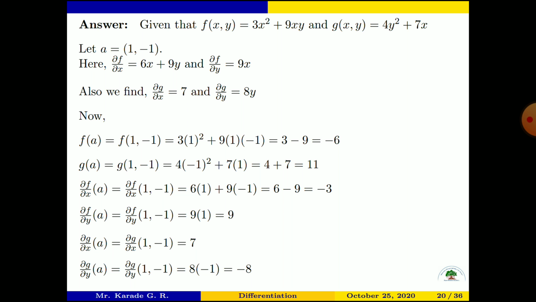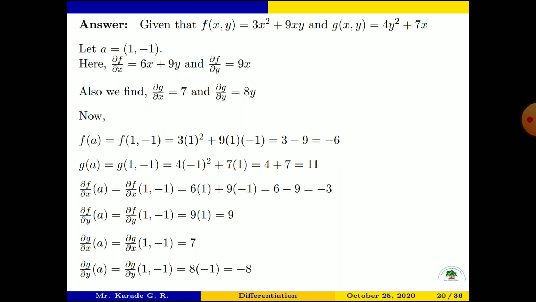So first term 3x square is a constant and its derivative is 0, and the second term is 9xy and its partial derivative with respect to y is 9x.